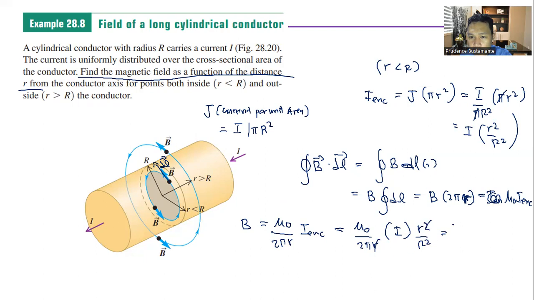Okay, cancel this one. So we have μ naught I r over 2π R squared. So this is the magnetic field inside the conductor, where r is less than R. So that is the magnetic field inside the conductor.